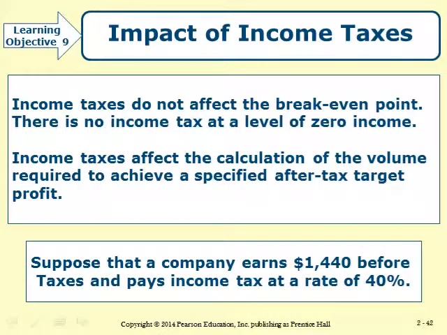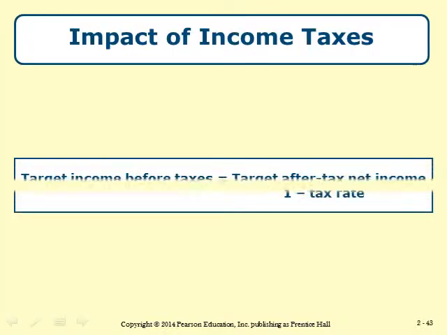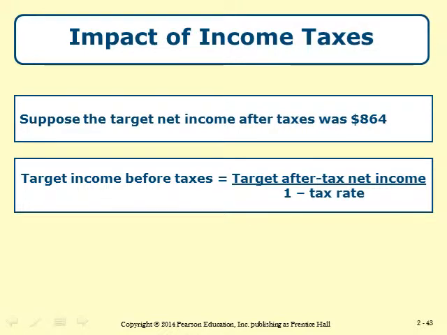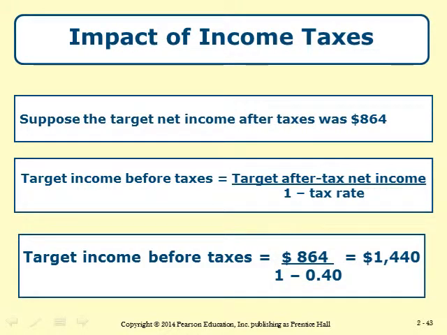So as part of our cost volume profit analysis, we discussed the sales necessary to achieve a target income before taxes of $1,440. If Boeing pays income tax at a rate of 40%, what would the new result be? Suppose the target net income after taxes was $864.